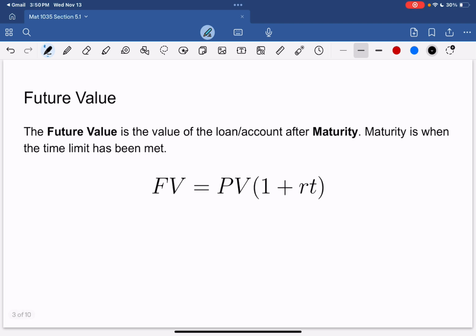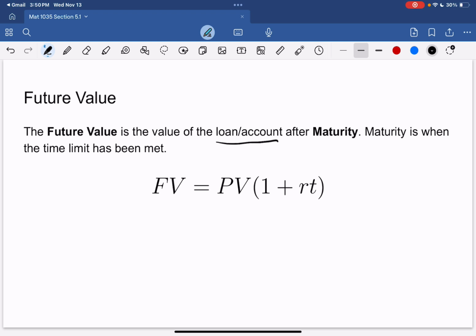That leads us into being able to find the future value. The future value is the value of the loan or account after it's reached maturity, and maturity is just the time that's been met. If you take out a loan and you're expected to pay it back in 10 years, then the maturity time would be 10 years. If you put money in a savings account and leave it for 5 years, that's your maturity time.